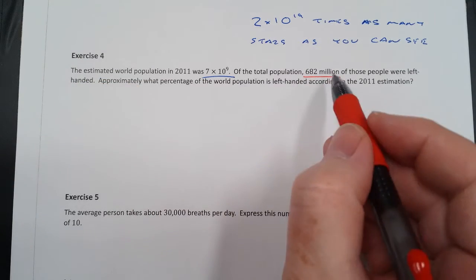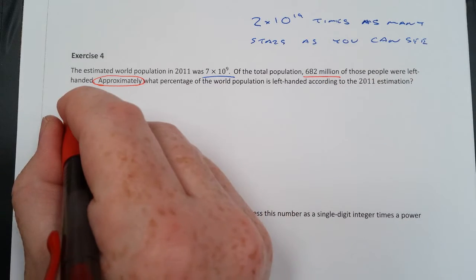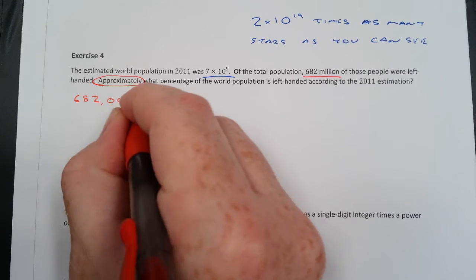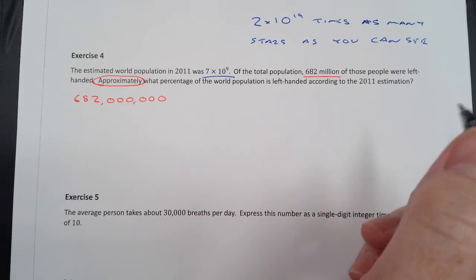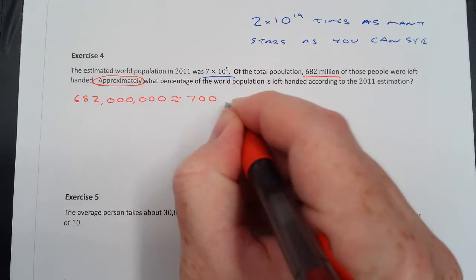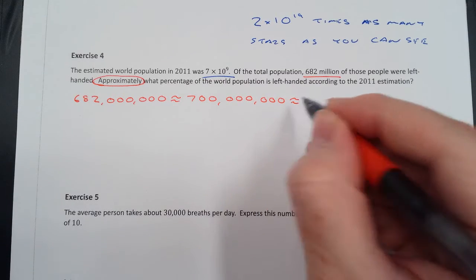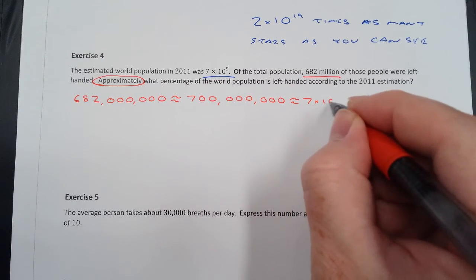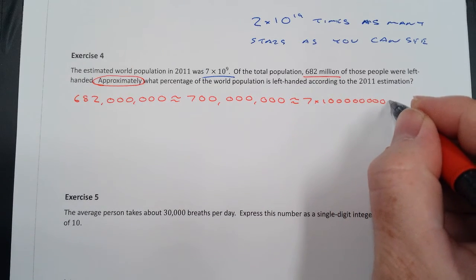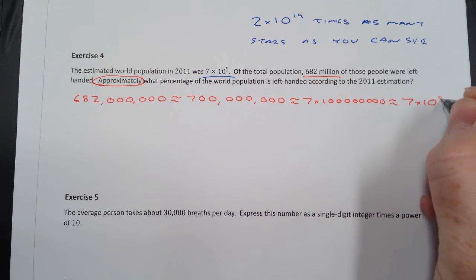682 million, and let's use our approximately word and estimate that a little bit. 682 million looks like that. Now I'm going to estimate and say, you know what, that is pretty darn close to 700 million. And 700 million is 7 times 100 million. And 100 million is 10 to the 8th.